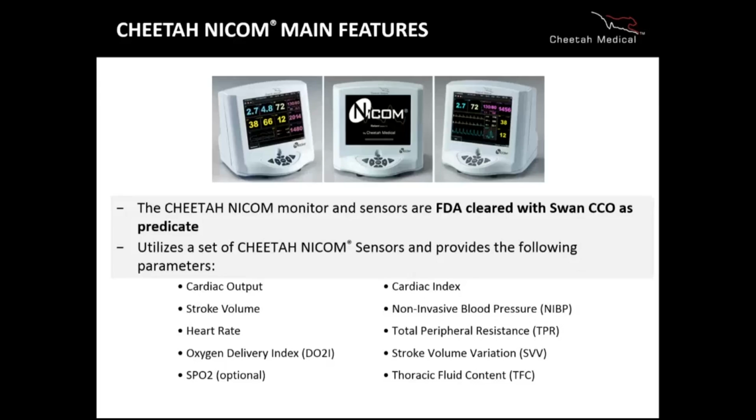If you look at that number, it doesn't tell you whether that patient is going to respond to a fluid bolus or not. The Cheetah NICOM measures stroke volume. It's a flow-based monitor. So you can use the stroke volume as you give that fluid bolus, and you can see actually if the patient is going to respond to that fluid or not. And we will discuss that a little bit more later.